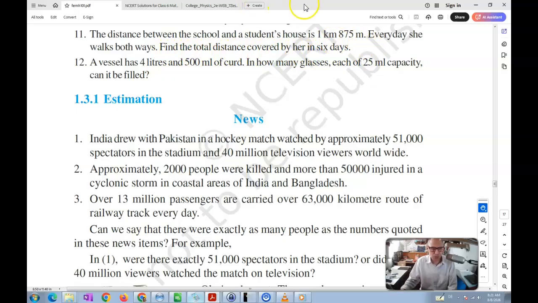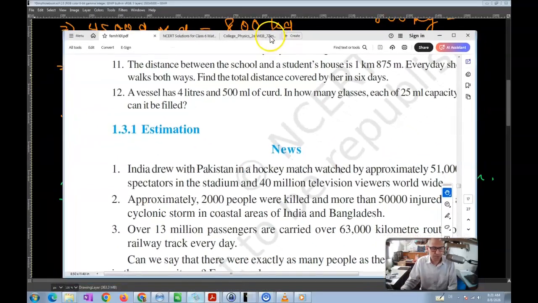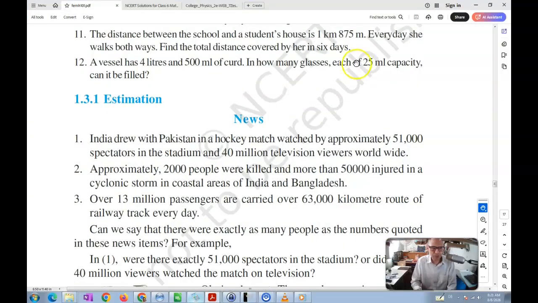So she goes back and forth, meaning every day she's going to walk a distance of 1 kilometer 875 meters times 2, because this distance she has to cover when she goes to school, and the same distance when she comes back home.